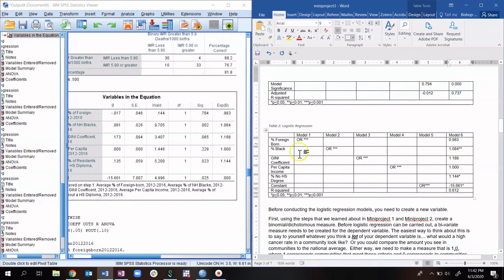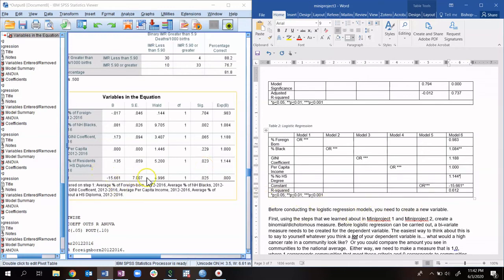And the significance level was 0.002, which is smaller than our 0.01 threshold. So it automatically gets 2 stars there. We also get 1.188 and 1.00, neither of which has a star for significance. 1.144 is the coefficient for non-high school diploma, and because it's significant at the 0.023 level, that clears it for 0.05.